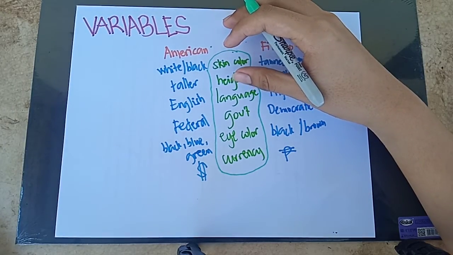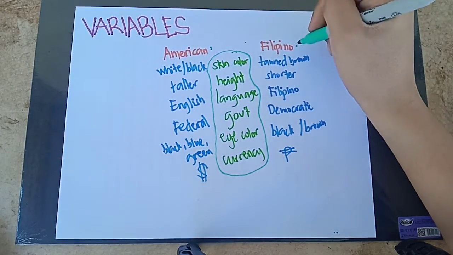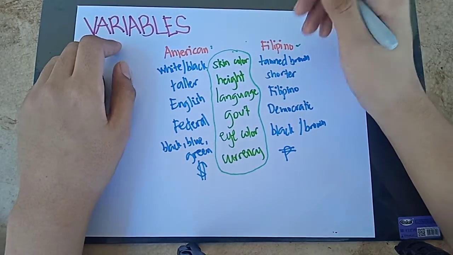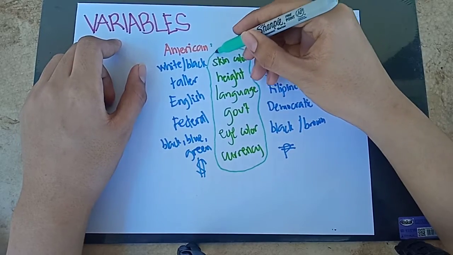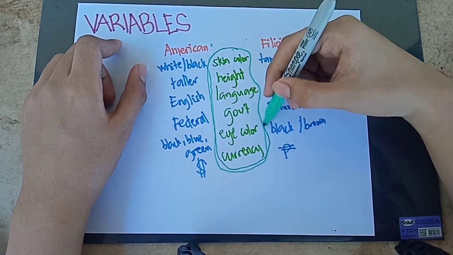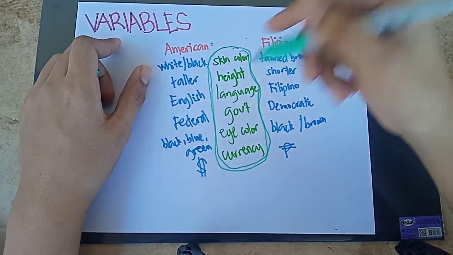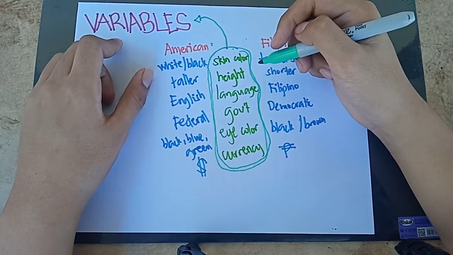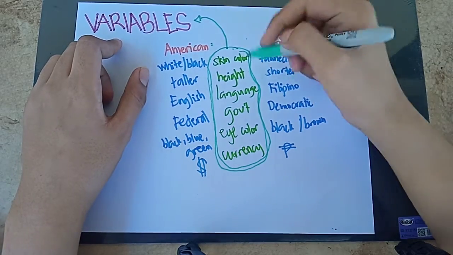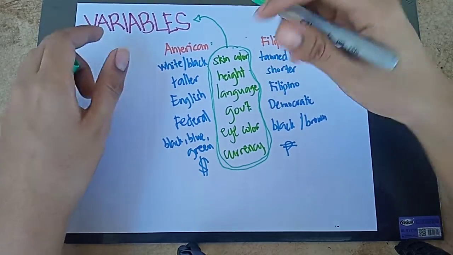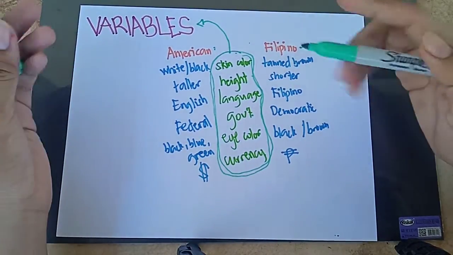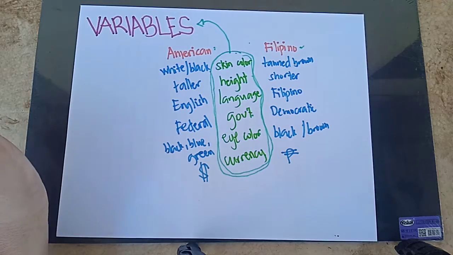So, can we say that Americans really differ from Filipino? Obviously, the answer is yes. Meaning to say, this set of characteristics actually pertains to the variables. Skin color, height, language, government, eye color, currency: this set of characteristics actually pertains to variables.